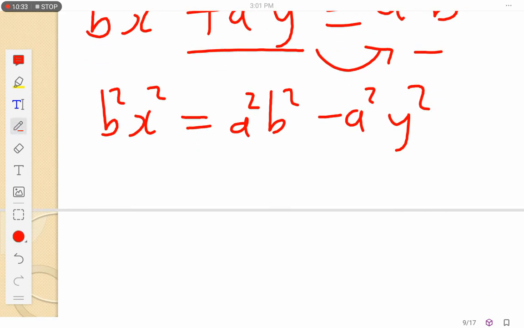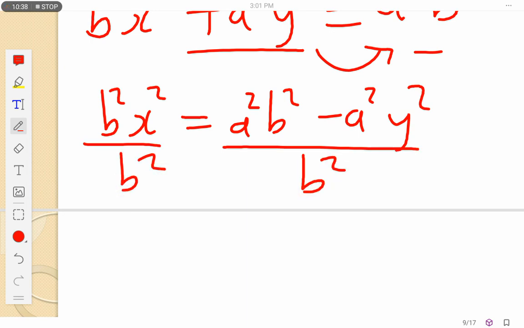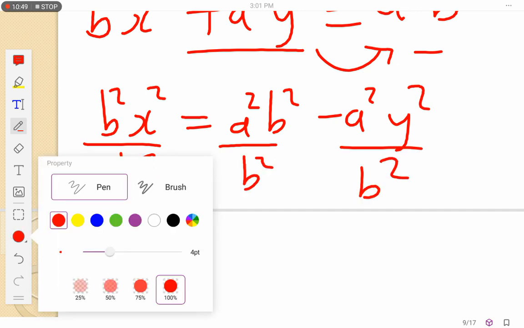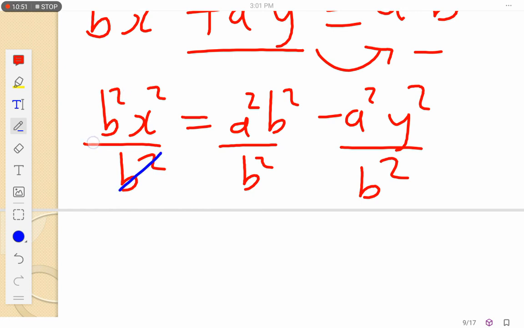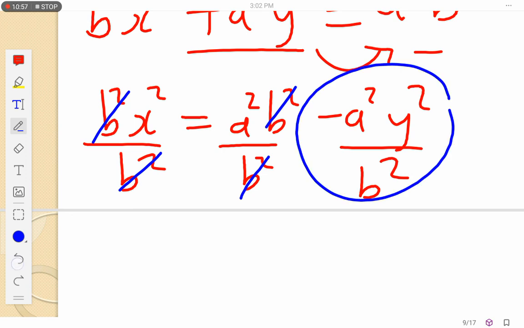Now to get my x squared, I'm going to divide everything by b squared. I can even divide one item by one item here, here by b squared, here by b squared, like that. So this one will cancel off with this one. And here, there is no common factor, so it will remain like that.